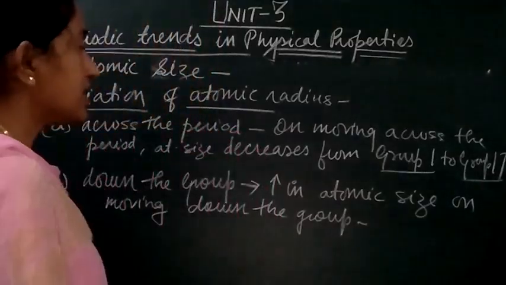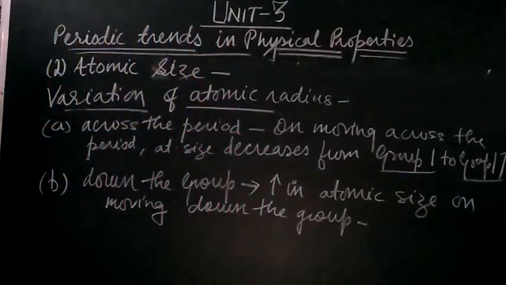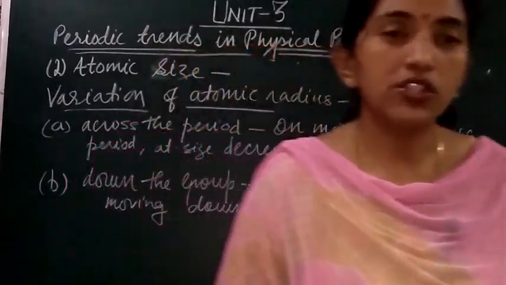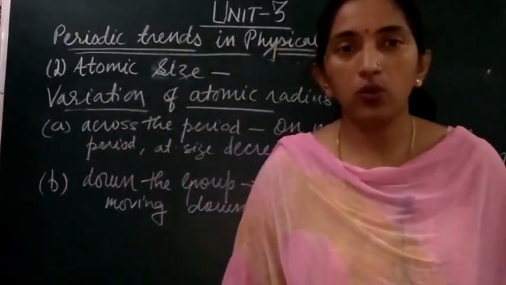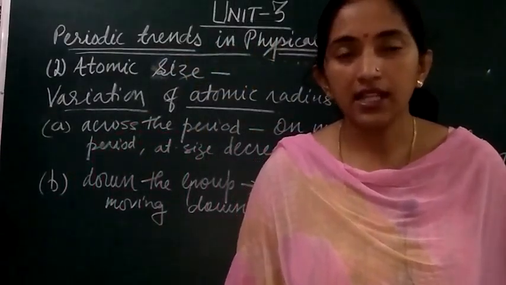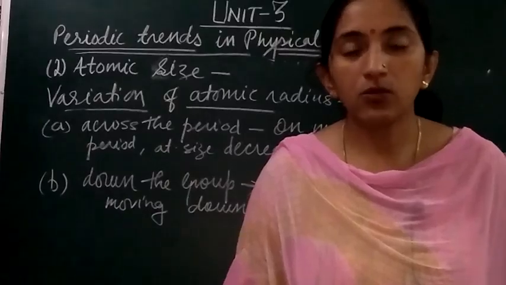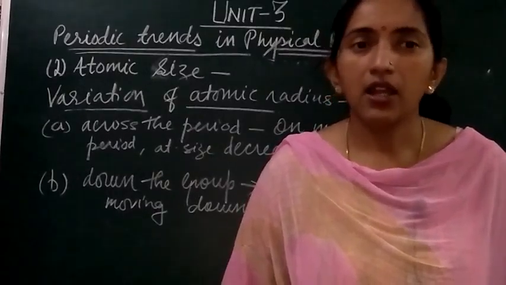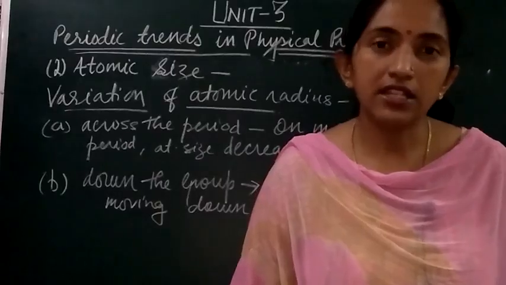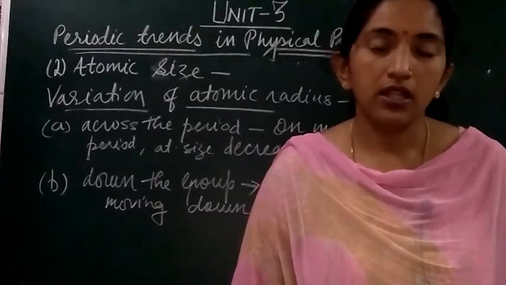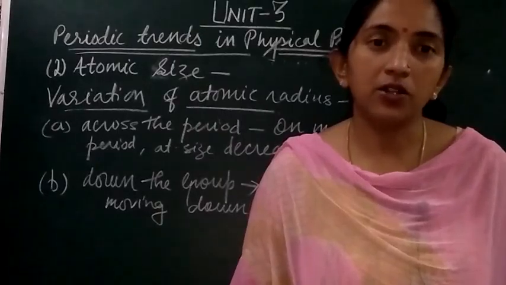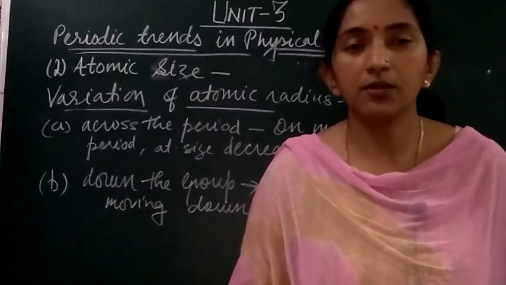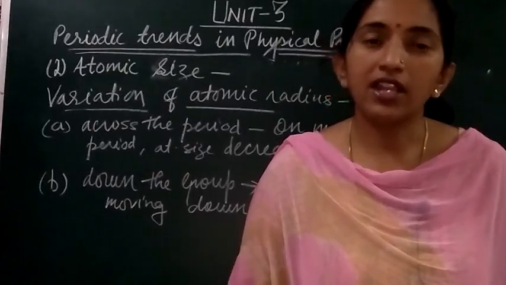So we have discussed here the variation of atomic radius on moving across the period and on moving down the group. Students, you will just get it noted down in your notebook where you are discussing the atomic size, their types, right? How many types, and first how you're going to define an atomic size, right? And why can't we just get the radius of an atom, simply, and just write that the atomic size can be expressed in terms of atomic radius, or that the distance or radius of an atom is called atomic size, right? Why can't we say so?